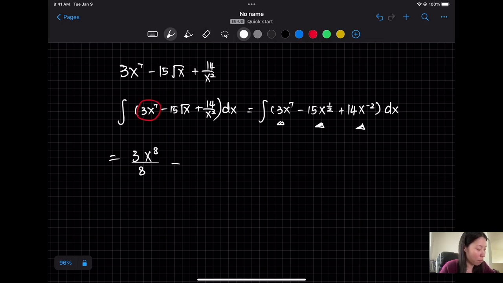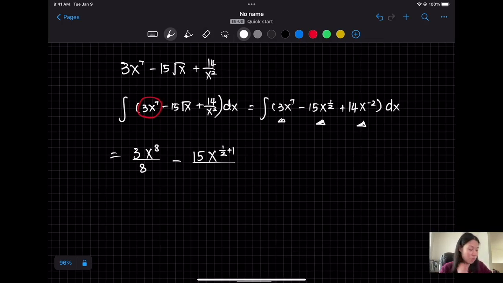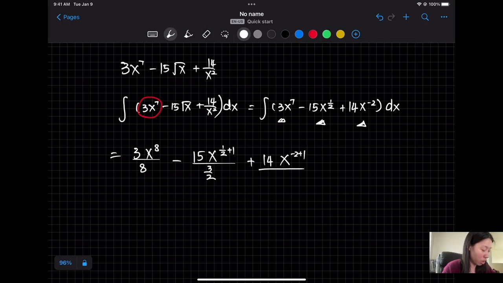We have negative 15x to the 1/2. So that means we have 15 times x to the 1/2 plus 1, over 1/2 plus 1, which is 3/2. We simplify it later. And then 14 times x to the negative 2 plus 1, which is equal to negative 1.